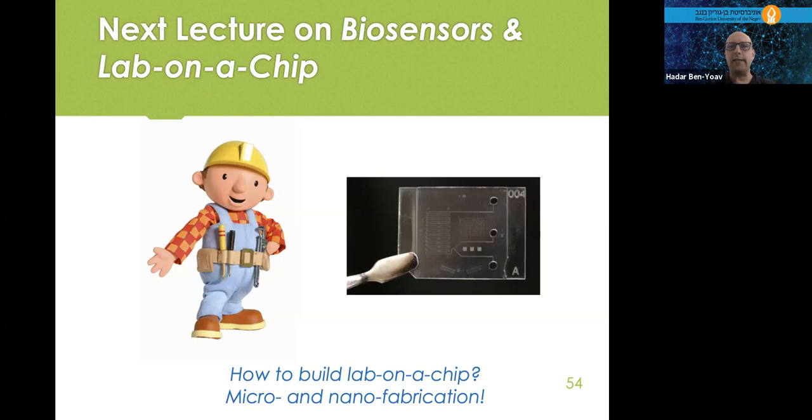We talked in theory about the different components, how to build the device in theory, to model it, and so forth. Tomorrow we're going to learn actually how to build it, how to fabricate it from scratch.